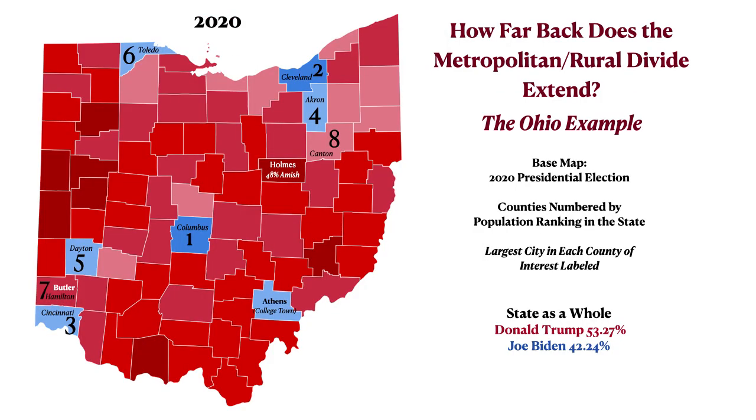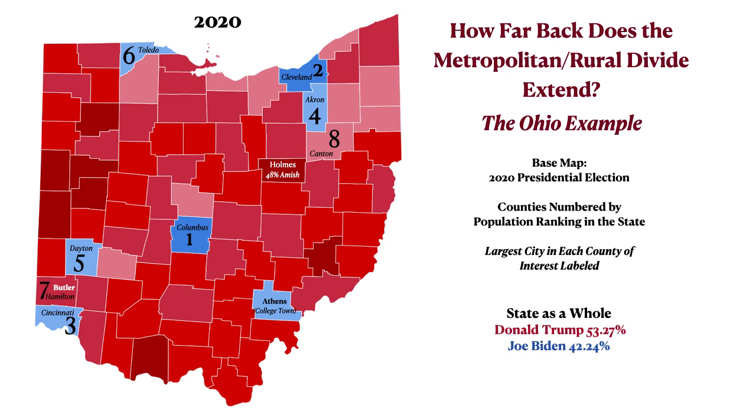And back to Ohio, I've taken a few maps here just to try to figure out how far back this urban, metropolitan-rural divide goes. And it's very interesting. In 2020, I have numbers here for the largest counties in the country by population. So Franklin County with Columbus is now the largest. Cuyahoga County with Cleveland is the second. Hamilton County with Cincinnati is the third, and so on.